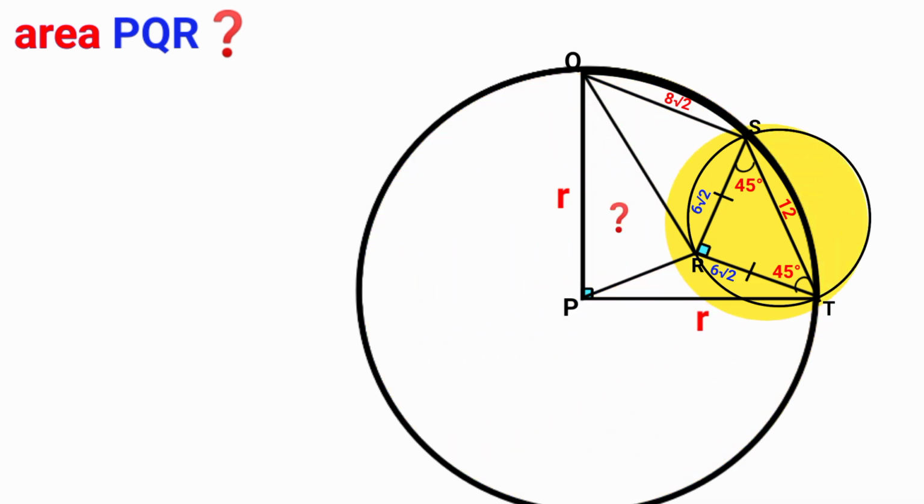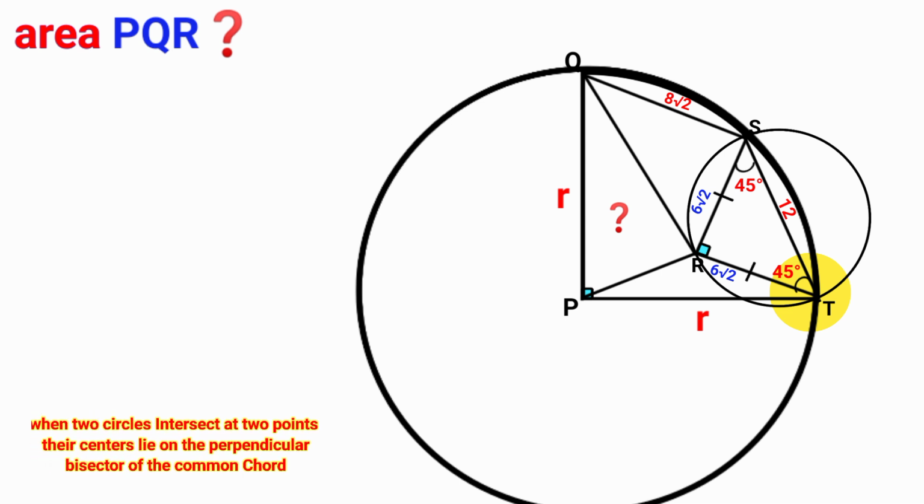Now we see this small circle and this big circle meet at 2 points. That is this point S and this T. From the circle theory, there is a rule that when two circles meet at 2 points, their centers lie on the perpendicular bisector of the common chord.